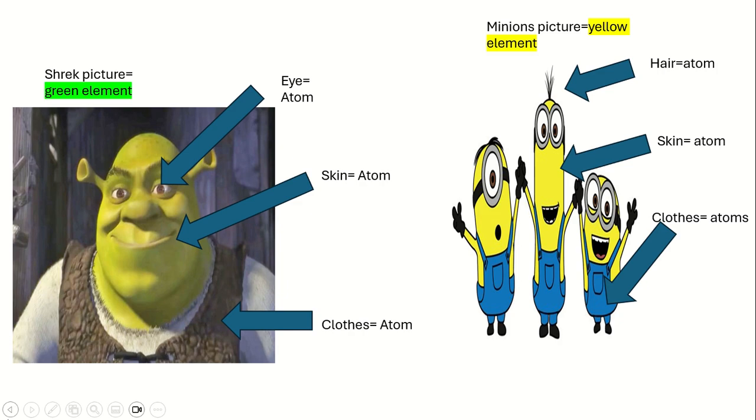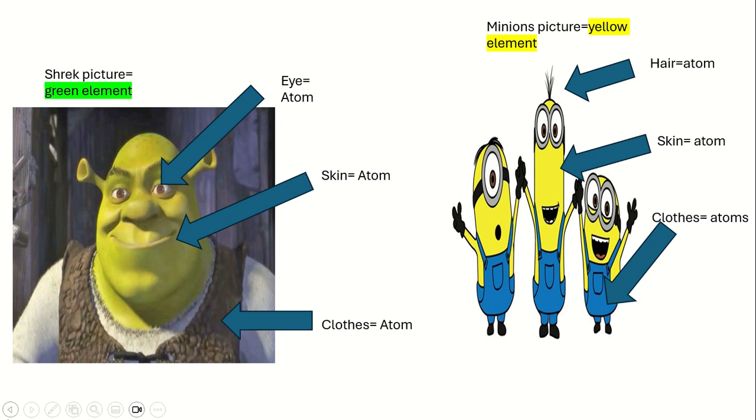So again, these atoms, this skin and clothes belong to the yellow element, because they are yellow, the minions. Whereas if you look at Shrek, all these atoms that we're seeing here, all over his eyebrows, his skin, whatever you want to look at on Shrek, we can call it an atom. Even if you want to look behind at the backdrop, we can call it an atom, right?